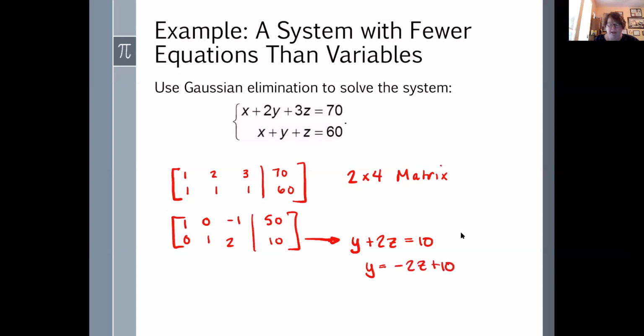All right, now I'm going to take the first row and write the equation in x. So I have x plus 0y minus z equals 50. So now I can solve that equation for x by adding z to both sides. So I can move the negative z to the right-hand side of the equation by making it positive.